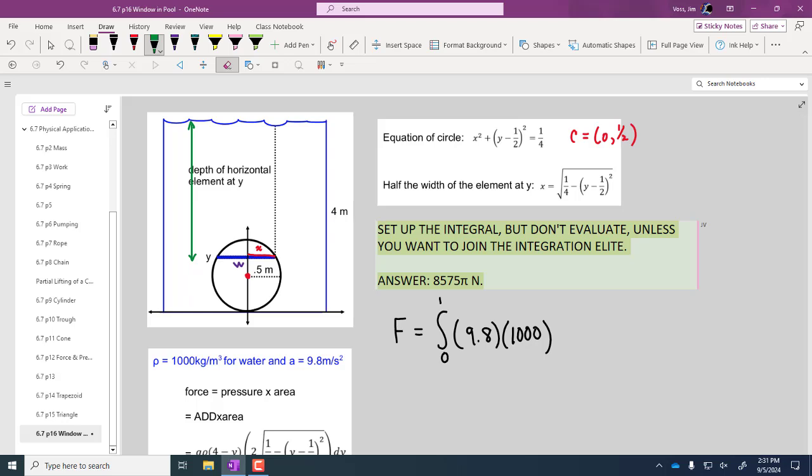Yeah, that's what I heard. 4 minus y, that's the depth of our element. Is everybody following that idea, that if the whole thing is 4 and this thing is y, then that thing's 4 minus y? Is that all making sense?